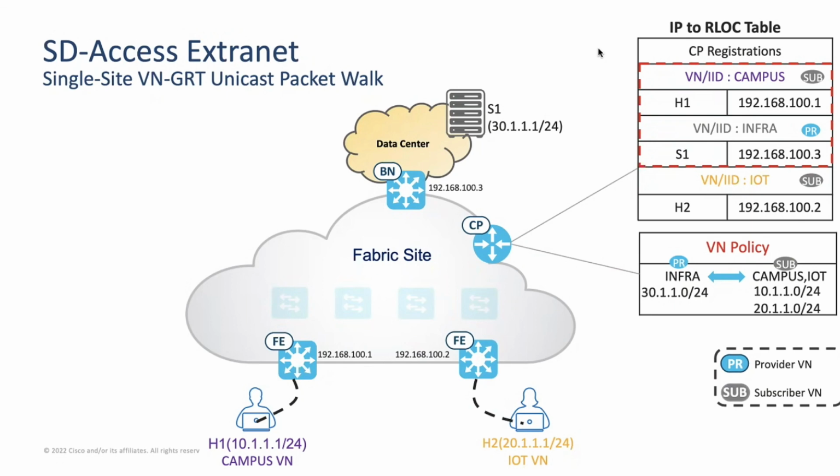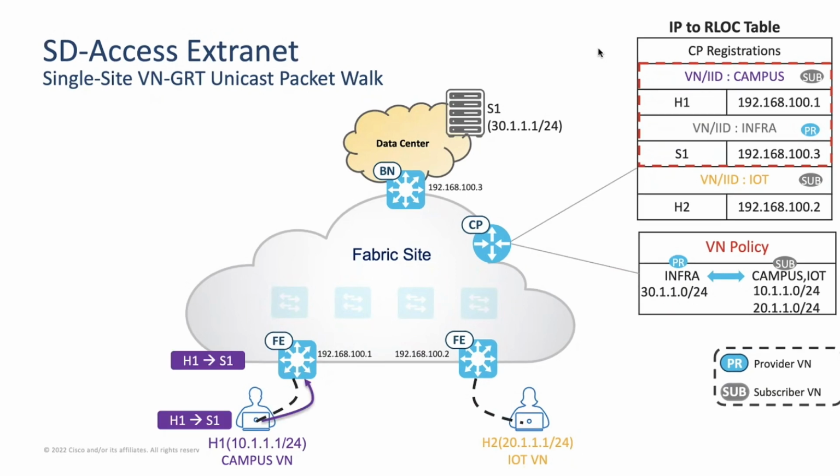Now, how does this work? Traditionally, let's say I have a host one to server one communication here. So I'm going from 10.1.1.1 to 30.1.1.1. My traffic would egress from my client device, hit the fabric edge node, and like with every other SD-Access communication, the first thing I'm going to do is query the control plane.